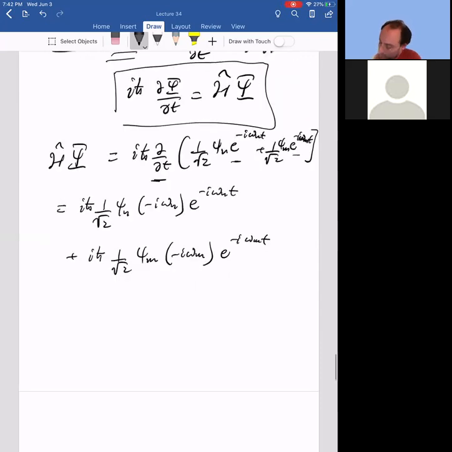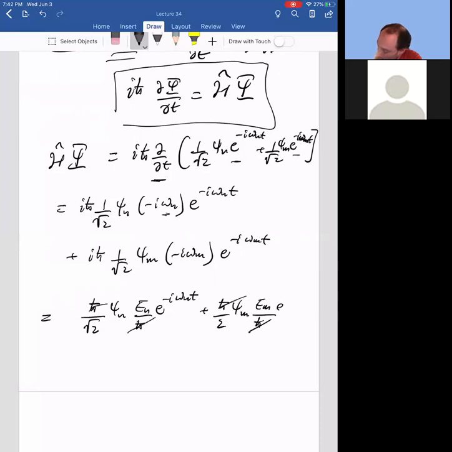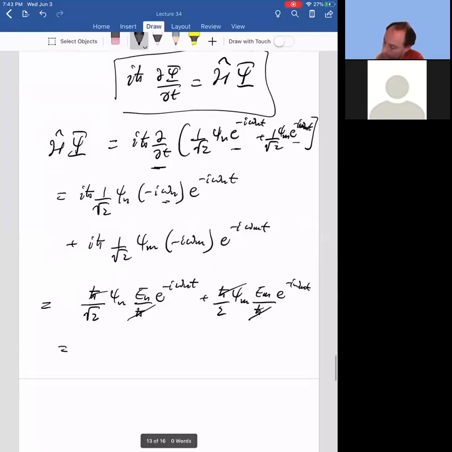And when the dust settles, i times i is minus 1 times minus, you get h bar over root 2 psi_n. I'm going to explicitly write down that omega_n is E_n over h bar, so minus i omega_n t plus h bar over 2 psi_n E_n over h bar. These guys cancel. And you get the same result as before.